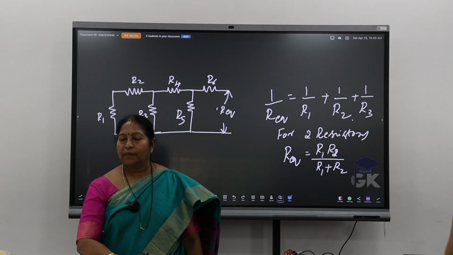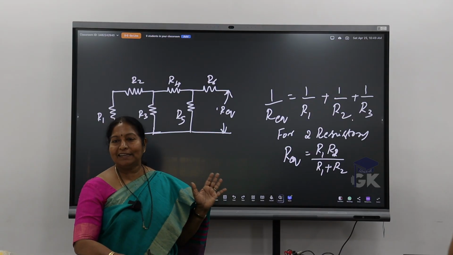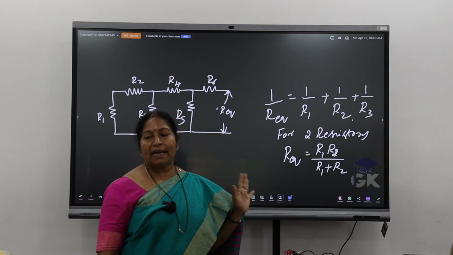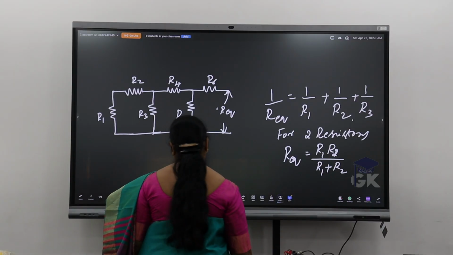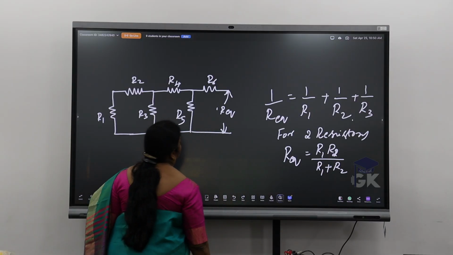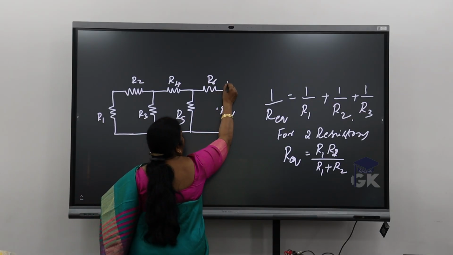So we need to know the value. Yeah, let the value be there. If you know the general method of how to calculate, you can find it for any resistor value, right? How do you find out if this is the case? I am finding the equivalent across the terminals AB, correct?